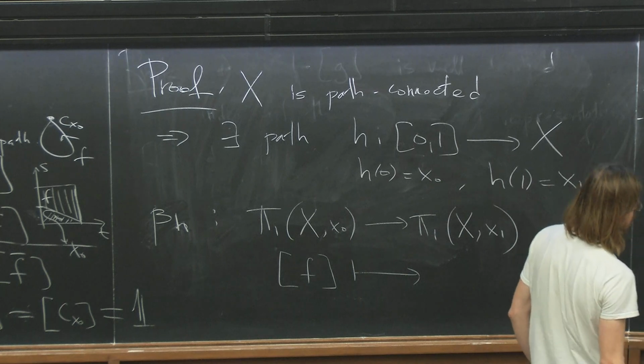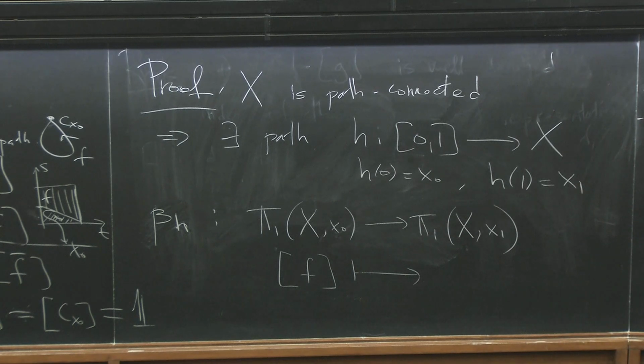The way to do this is to go in the opposite direction of path H. So we go along H bar, then along F, and then we return along H itself.